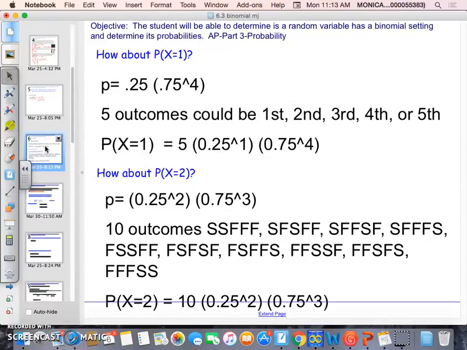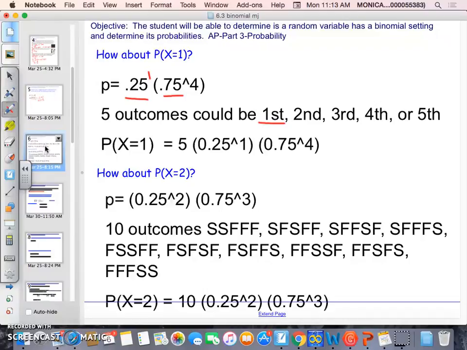All right, so what if we want to know the probability that one person is going to have type O blood? Well, now you have to look at the success of type O blood is 0.25, so that's going to be raised to the 1, right? And then the percent of failure, or not type O blood, is going to be the other 4 children. But you also have to take into account that there are 5 outcomes. So it could be the first child that has type O blood, the second, third, fourth, or 5th.